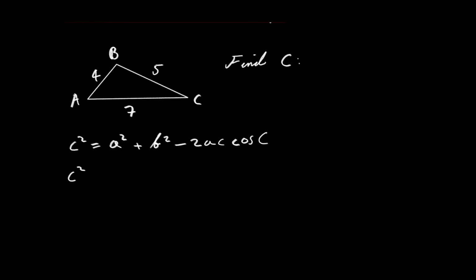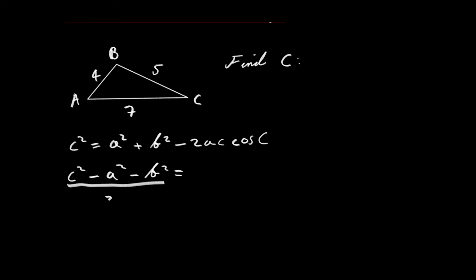Just get everything that you know onto one side. So we would have c squared minus a squared minus b squared equals negative 2ab times the cosine of C. In fact, we can just divide by negative 2ab.